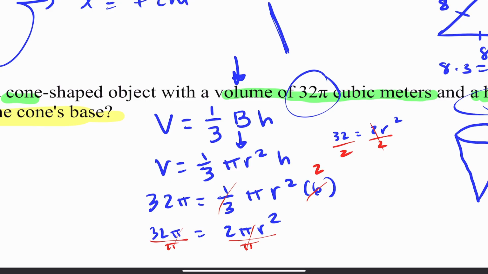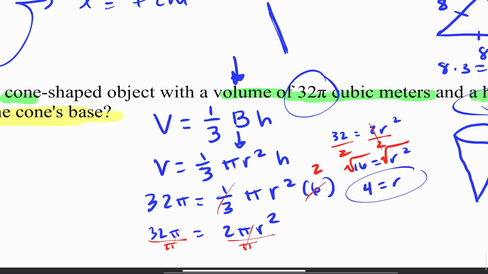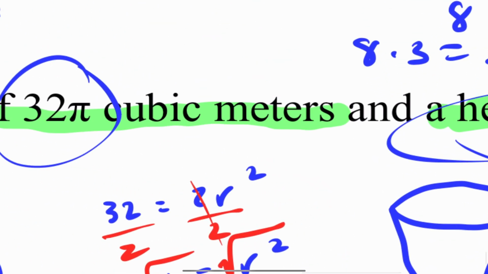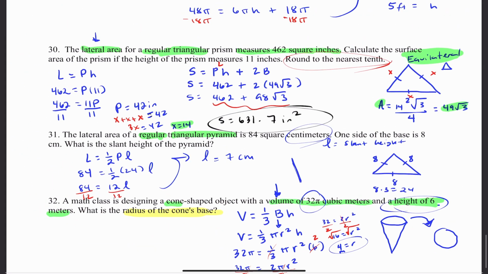I have what? 16 equals r squared. And then this is where you take the square root on both sides. So that is 4 equals r. Okay? So the radius is 4 what? Meters. So 4 meters. Okay? So there you go. Hopefully you got a grasp on working backwards. Okay?